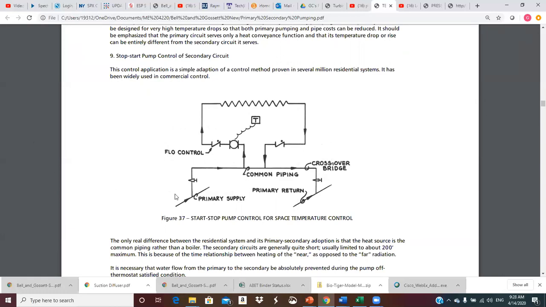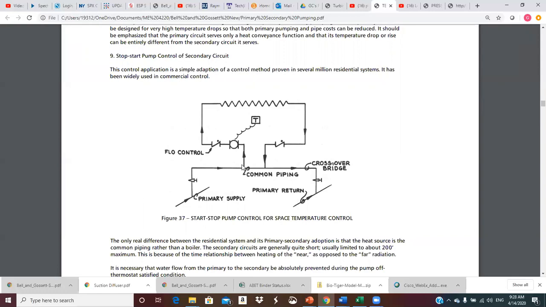The T in the box is a thermostat. It's in the space. Thermostat gets cold, tells the pump, hey, run. When the pump runs, we pull water up here. Depending on the flow rate in the crossover, we could be mixing to temper, or we could not.